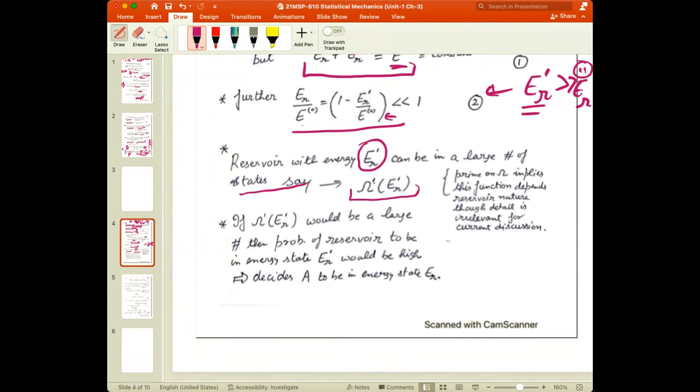It means what type of heat reservoir it is, or what discrete or maybe continuous energy values it can take. So that is mentioned here with this prime, although we can ignore this, but that's okay, right? So if this omega prime of E_r prime is a large number, then the probability of the reservoir to be in this particular energy will also be high, right?